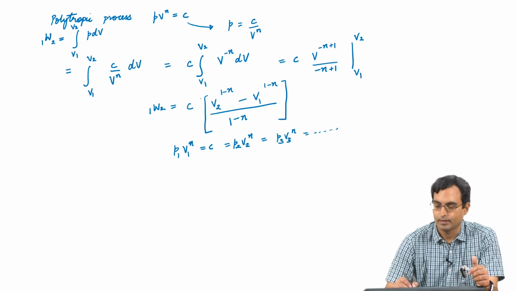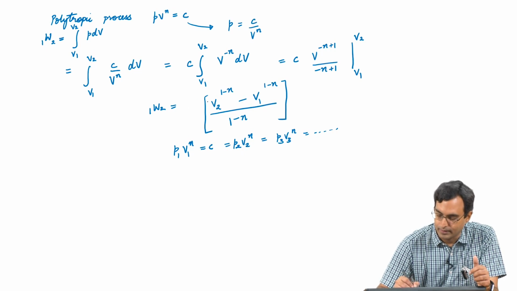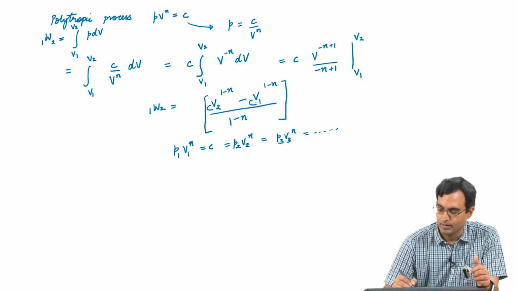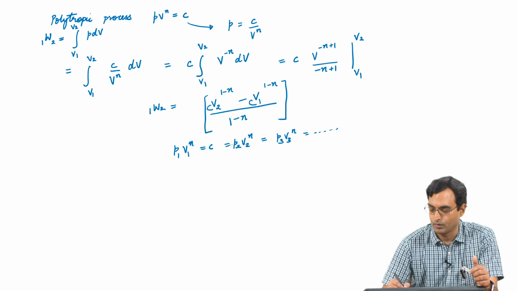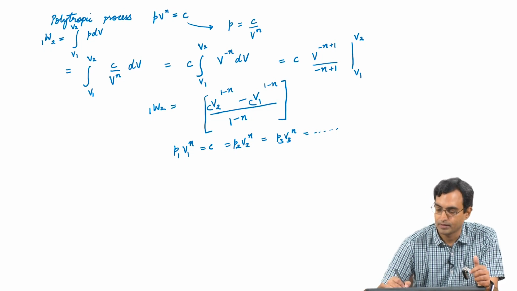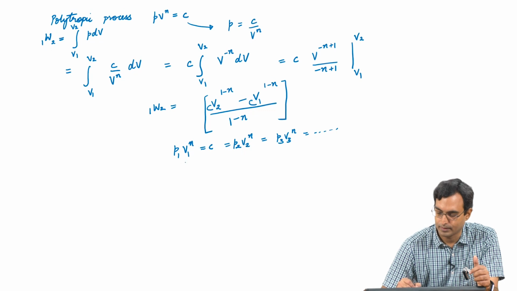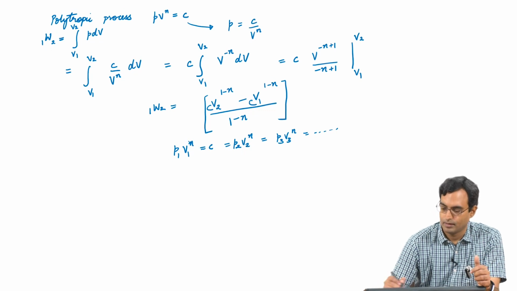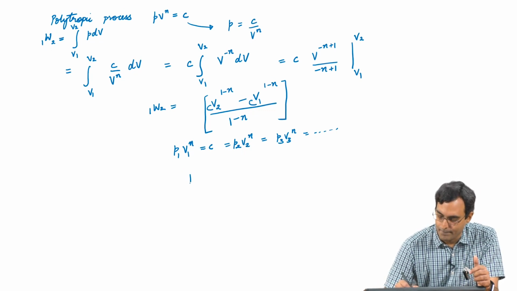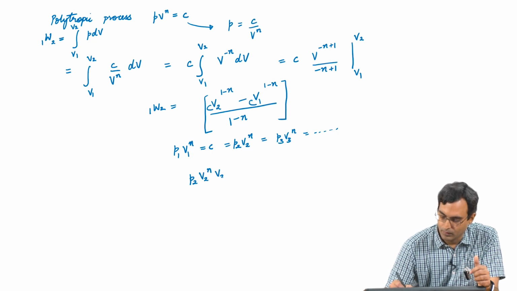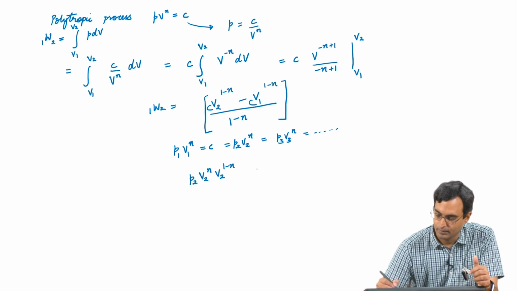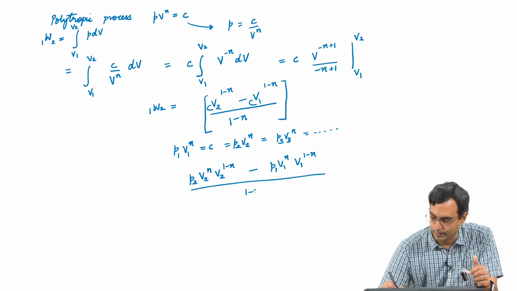So, what I can do is take the C inside. For this constant C, I am going to replace it by this term. So, what I get is P2 V2 to the power n into V2 to the power 1 minus n, minus P1 V1 power n into V1 power 1 minus n, divided by 1 minus n.